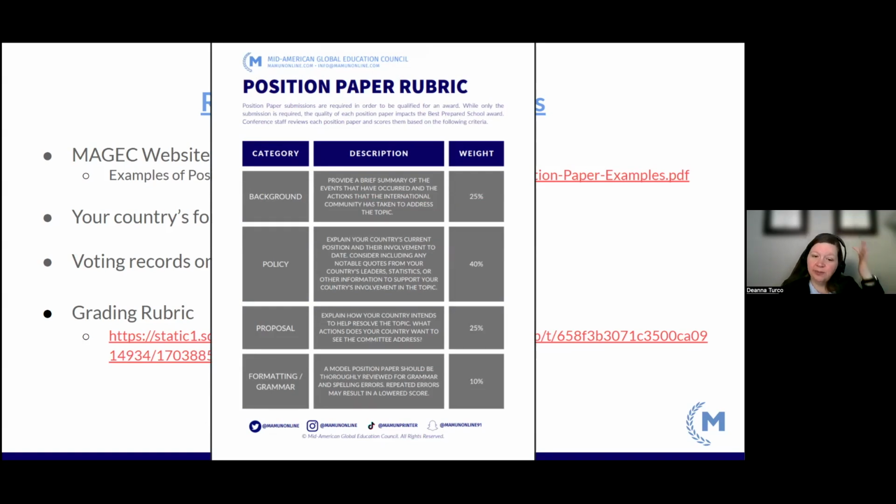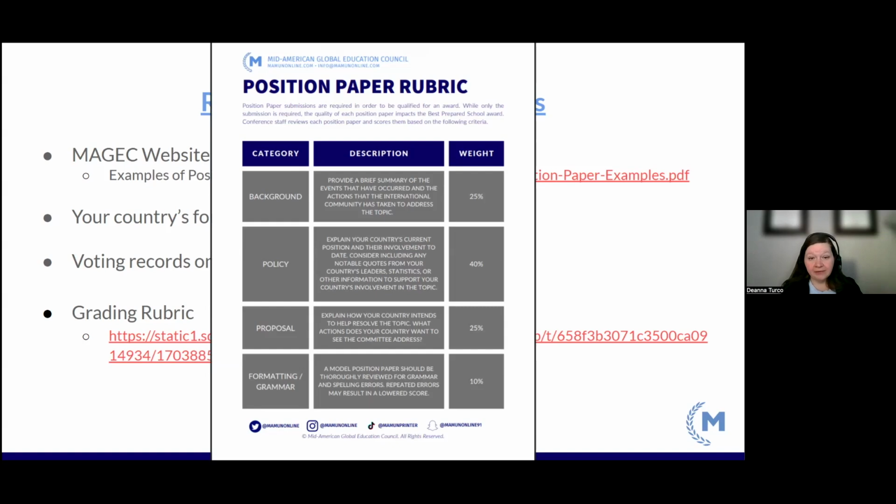Whereas the other two, background and the proposal, are each 25. Very important as well, but the policy is what's going to carry the most weight. And if that's missing, well, then you obviously are behind the starting line from the get-go. And so each of them is important, but policy is something that people often miss. They just say, here's why this is important, here's what's happened, and here's what we should do to fix it. And that's great.